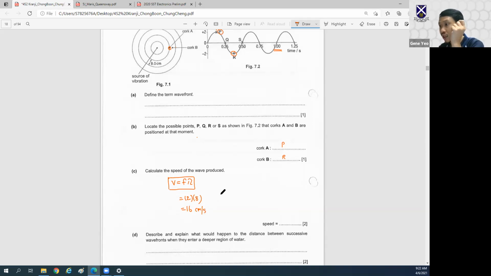Or if you want to be technically right about it, you can change it to meters, divided by 100. You get 0.16 meters per second. Okay, I believe both answers will be accepted.